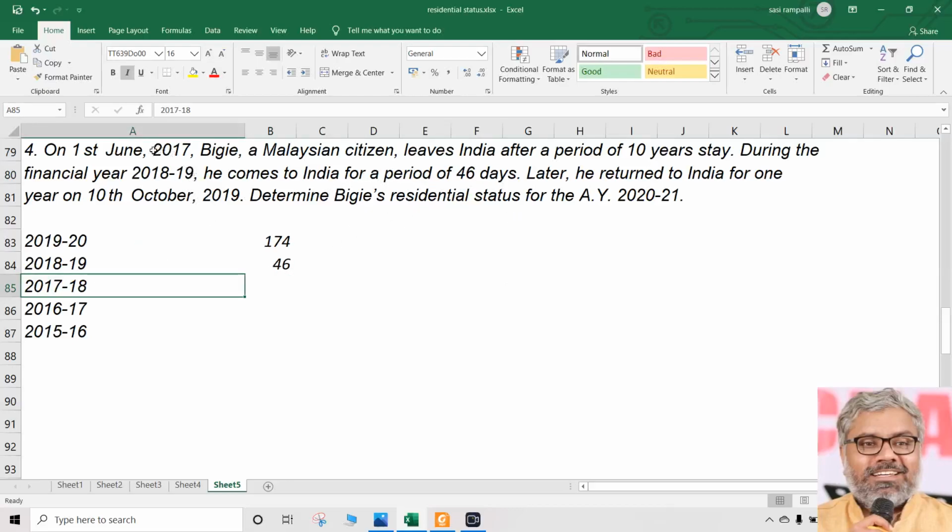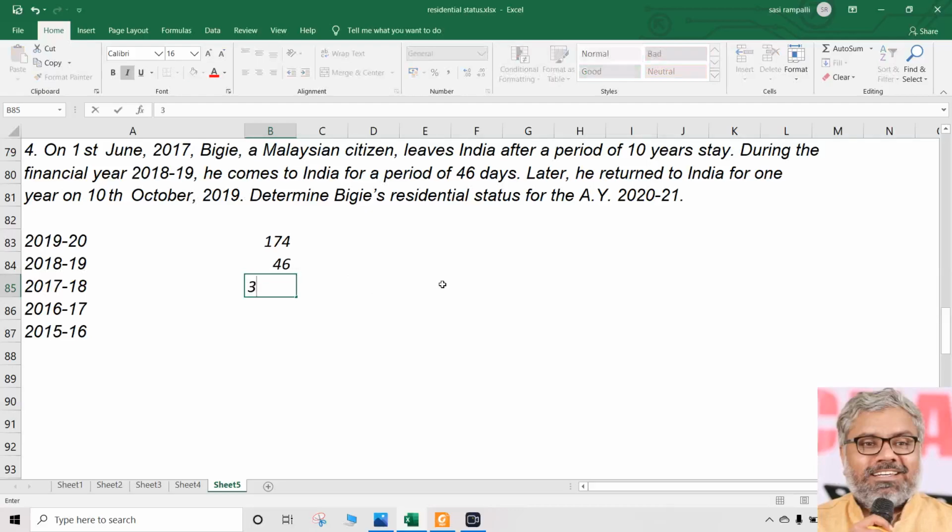What about 17-18? 17-18 also we can calculate. Why? Because he has left India only on 1st of June. So how many days did he stay in India? April, May and June 1st also to be included, day of departure. So understand the departures and arrivals very carefully. 1st June he has left India.